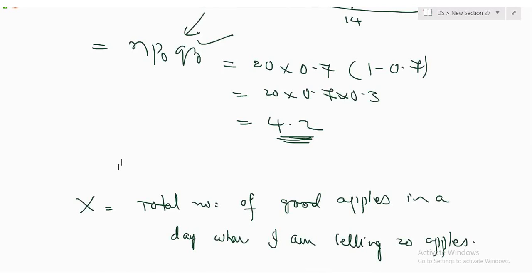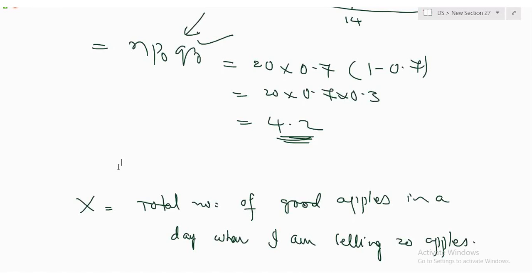What is your question? If I am interested in 1 year, your x will change accordingly. Agreed or not? That n value is going to be different. In a year, how many total number of apples are you selling? Maybe 365 into 20 will become my n. Yes or no? So my x is going to take the values 0 to that big number. In this case, what values is my x going to take? In a day, I may sell 0 apples, 1 apple, 2 apples, 3, 4, 5, up to 20 apples.